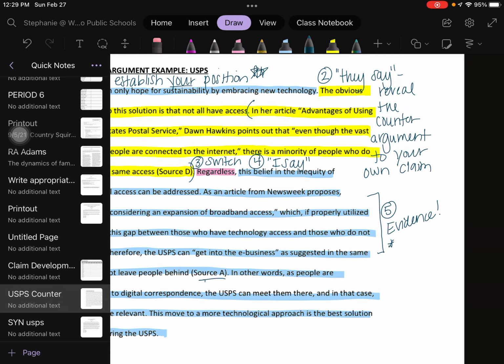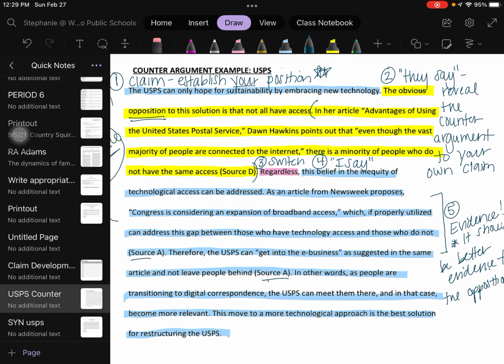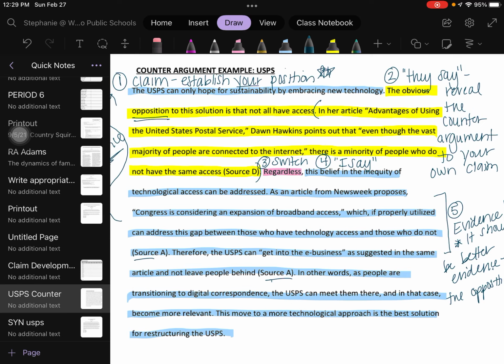And I'm going to put this very important note. It should be better evidence than the opposition. A common issue that I see in students writing counterarguments is they might have evidence both for the they say and the I say, but the evidence for a they say might be a really specific statistic or fact, and then might use an anecdote for the I say.